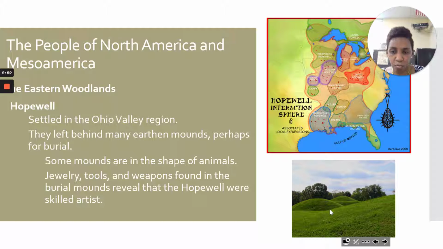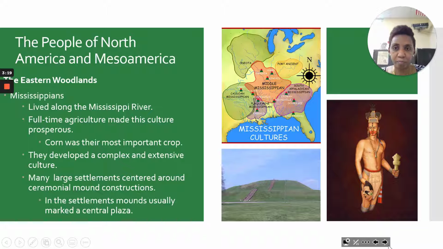The burial mounds also reveal that the Hopewell tribes were very skilled artists. So if you want to describe the mounds, we know that they were possibly used for burial, some are in the shape of animals, and they found jewelry, tools, and weapons in those mounds as well. So that's question number one.